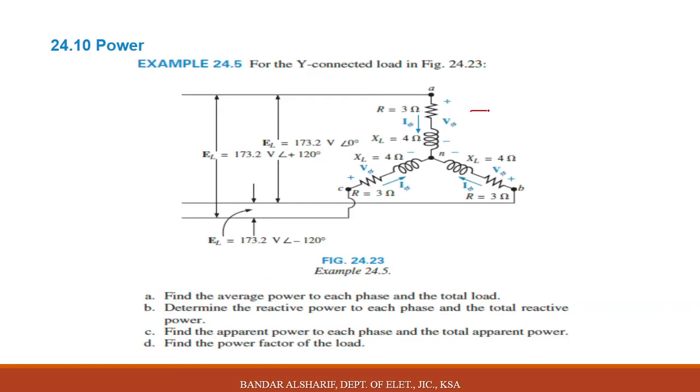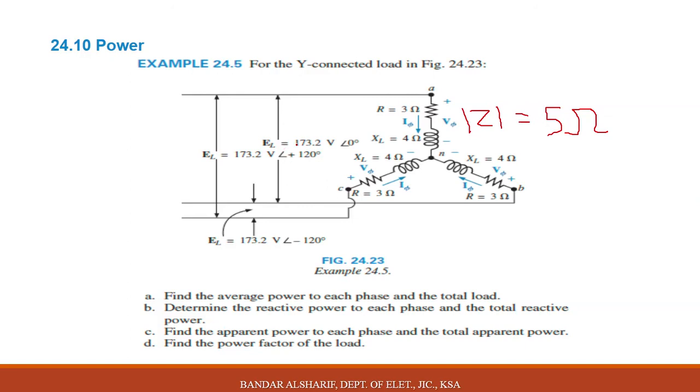Here the magnitude of the impedance is 5 ohm. If you calculate the 3 ohm resistor and 4 ohm inductor, you will find it is 5 ohm as a magnitude, not the angle. You need to calculate it if you need to find the angle.